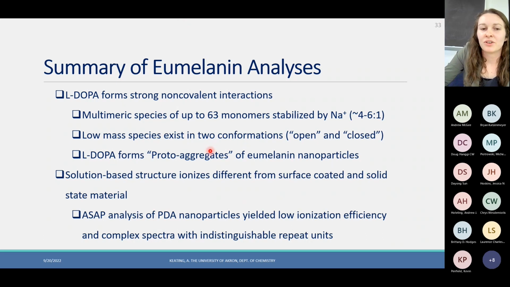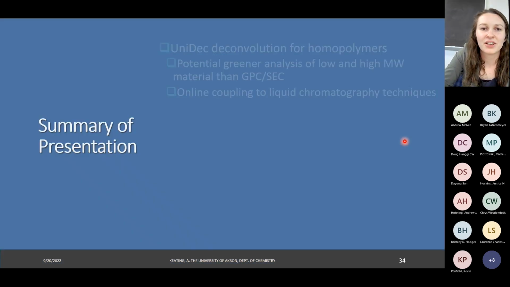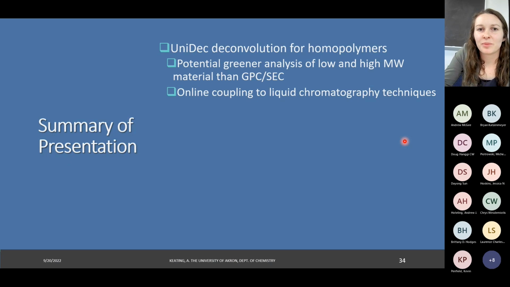So it's either ionizing things off the capillary very poorly, or it's a very confusing mixture of species that has yet to be understood from a mass spec standpoint. So, to summarize, we talked about the UniDec deconvolution for homopolymers.